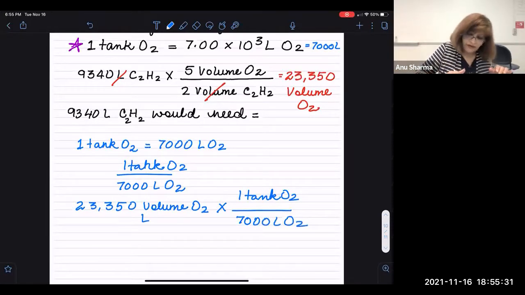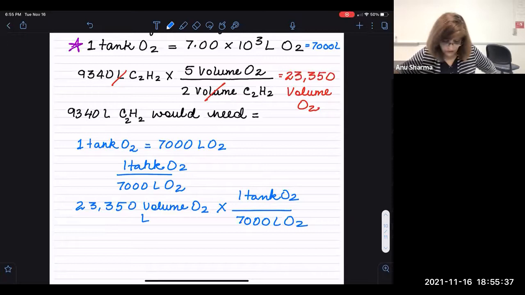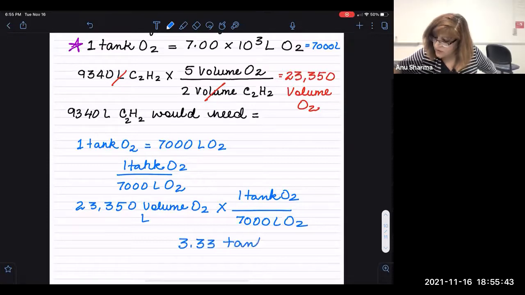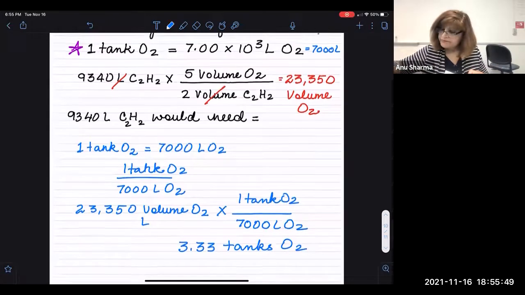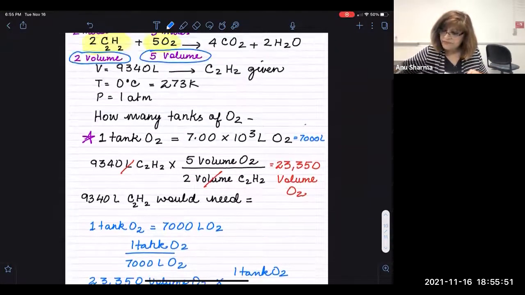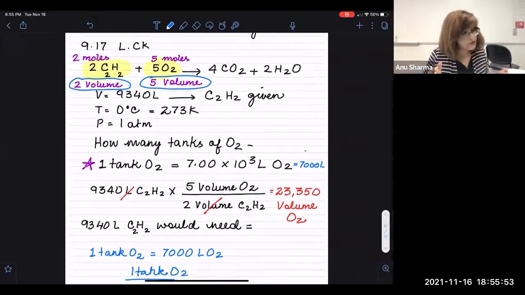Divide 23350 by 7,000 and you get 3.33. Yeah, that's right. So 3.33 tanks of oxygen are needed. Okay, so that's the stoichiometry for this one.